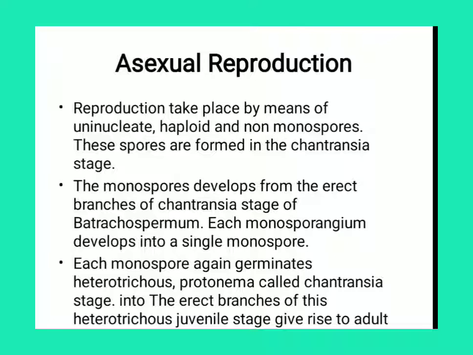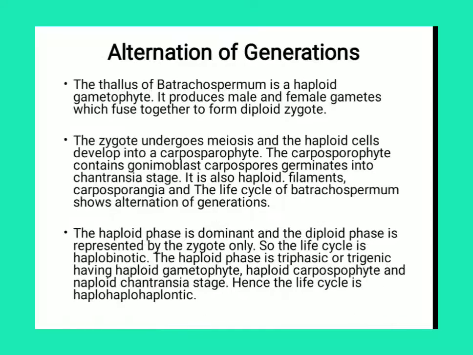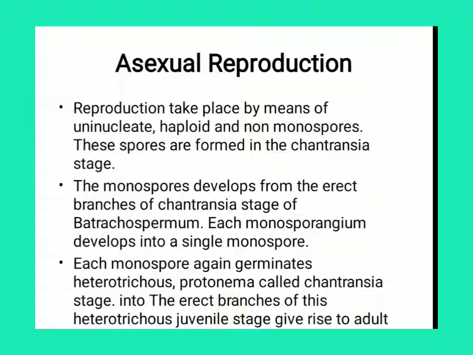After the Chantransia stage, some spores develop, known as monospores. The monospores develop from the erect branches of the Chantransia stage of Batrachospermum, and each monosporangium develops into a single monospore, and each monospore again germinates into a heterotrichous protonema called the Chantransia stage, and the erect branch of this heterotrichous juvenile stage gives rise to the adult stage.